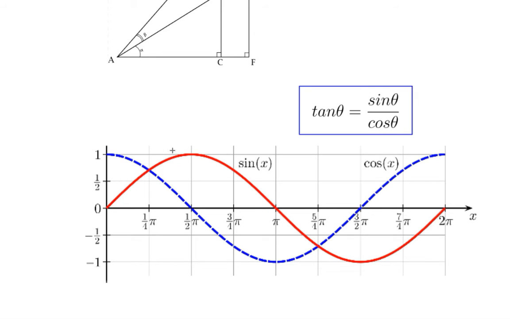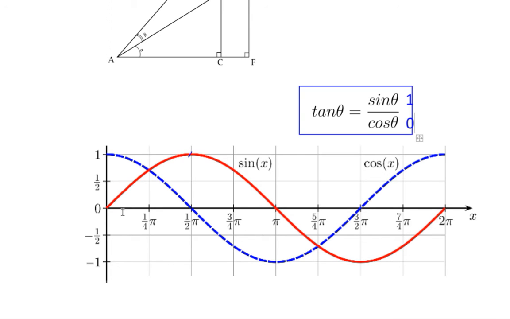First of all, let's go for the most obvious. Let's look at this position here. When sine theta is 1, this value here would be 1, and this is the angle for half pi, which is 90 degrees. Cos 90 would be 0.